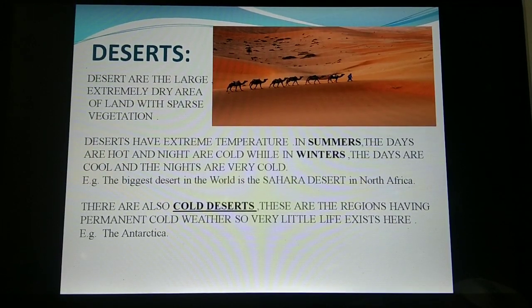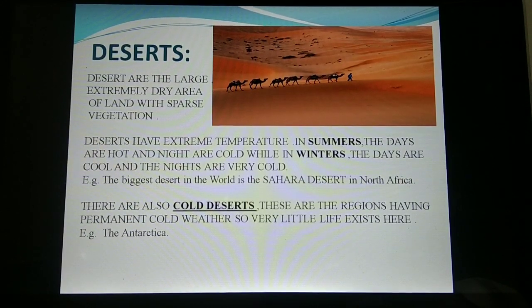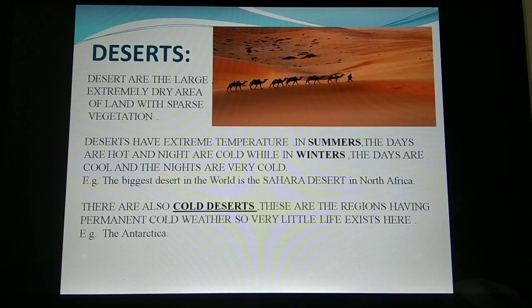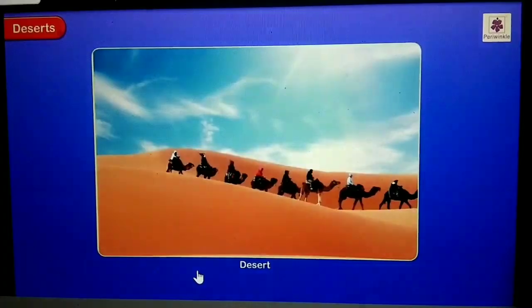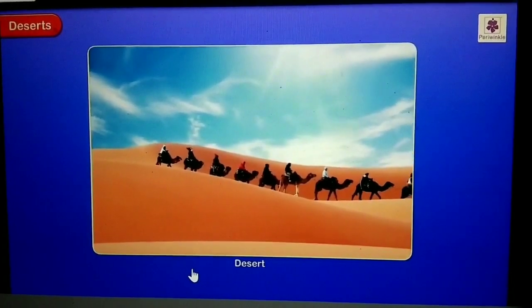Now, let's study the important deserts of the world. Those are the Sahara Desert in North Africa, which is the biggest desert in the world, as I have already told, the Kalahari Desert in southern Africa, the Atacama Desert in South America, and the Thar Desert in India. Very dry areas.